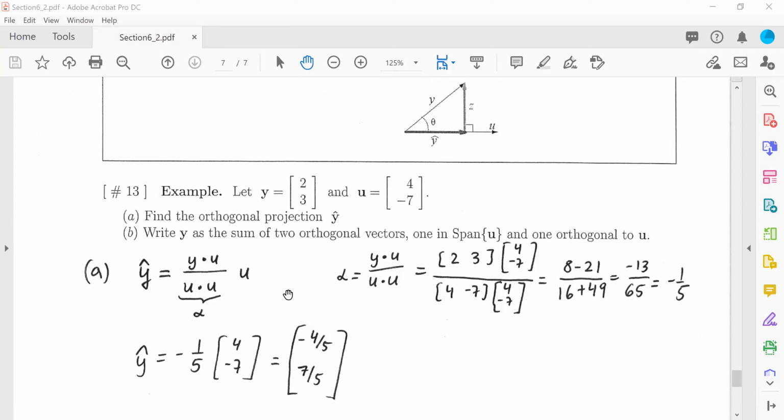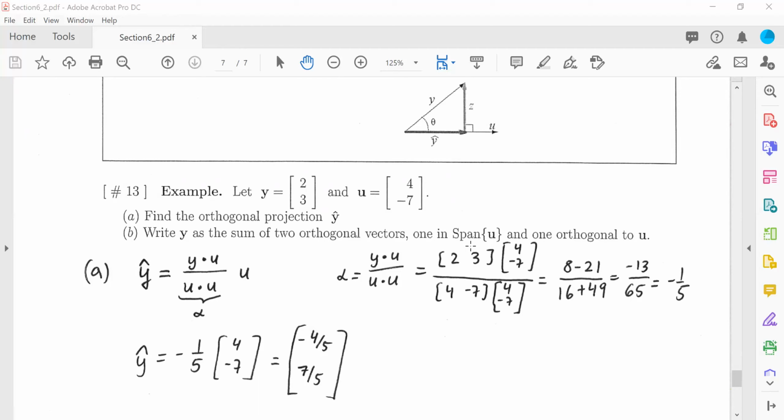Now, part B asked me to write y as the sum of two orthogonal vectors, one from span u and one from orthogonal u. What is span? It's all scalar multiples of the vector u, or linear combinations of u, or just scalar multiples.